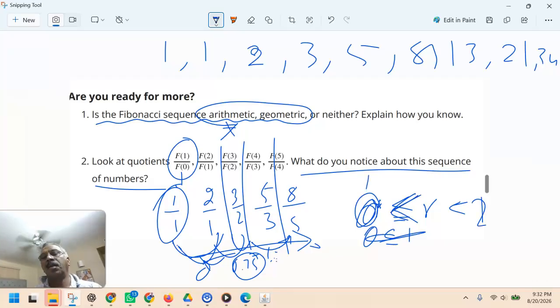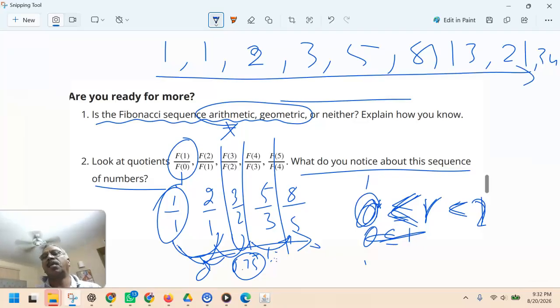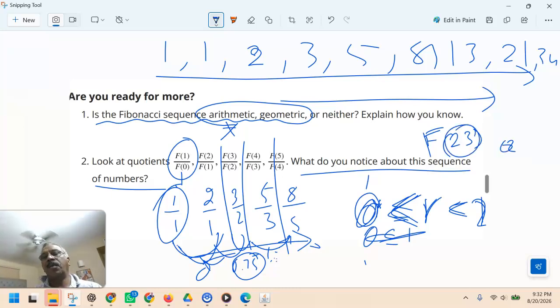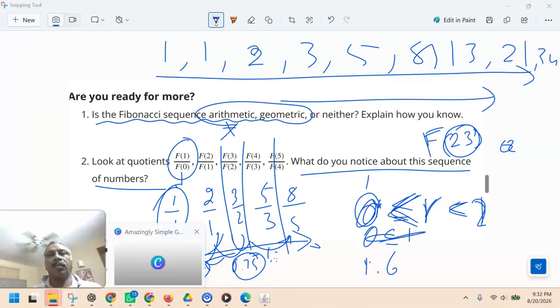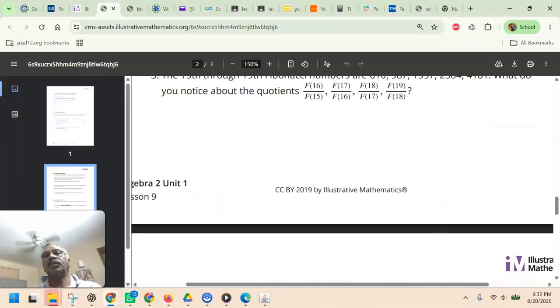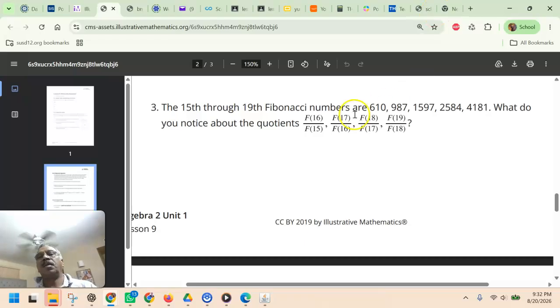If you go on until maybe F23 or F24, you'll see the ratios are almost the same.